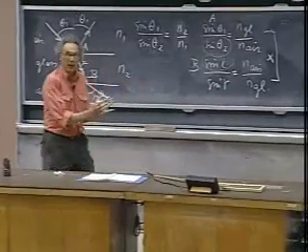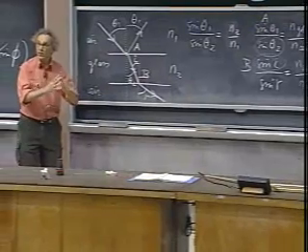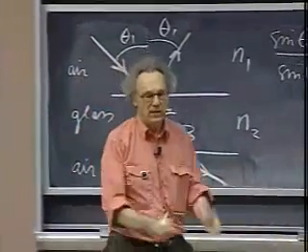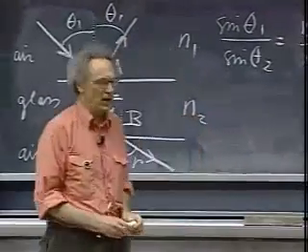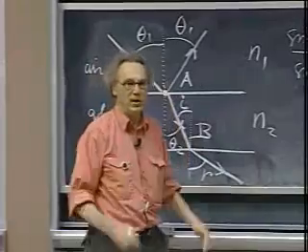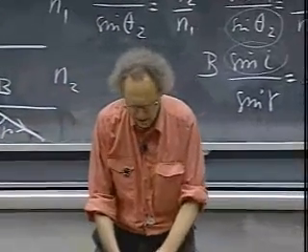If they were not parallel, as in one of your problems where we had a prism, then you would get a separation of the colors, and the red and the blue would come out in different directions. In this case, red and blue and green and yellow all come out in the same direction, and so you see white light when you look through plain parallel glass.